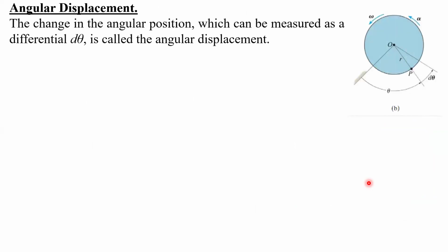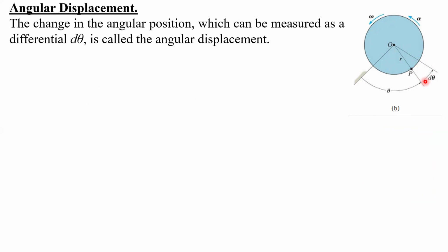Angular displacement. Angular displacement is vectorial, while position is scalar. The change in the angular position, which can be measured as a differential dθ, is called the angular displacement. So from the position here to this point, for the line r, the angle is dθ, a small change in theta.